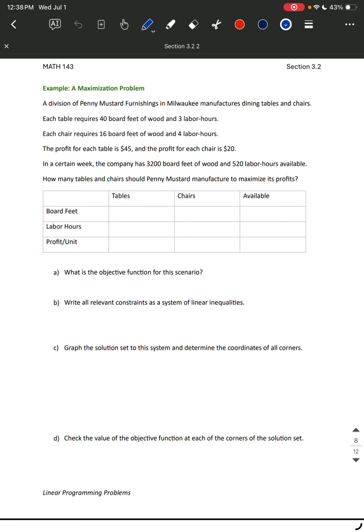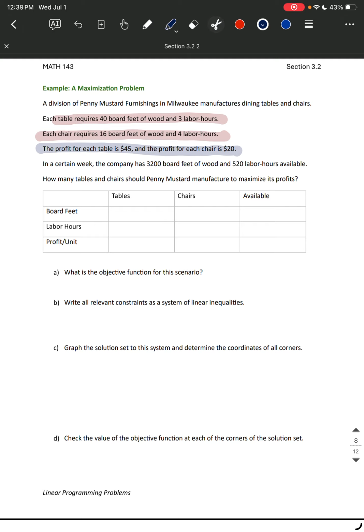A division of Penny Mustard Furnishing in Milwaukee manufactures dining tables and chairs. Each table requires 40 board feet of wood and 3 labor hours. And each chair requires 16 board feet of wood and 4 labor hours. The profit for each table is $45 and profit for each chair is $20.